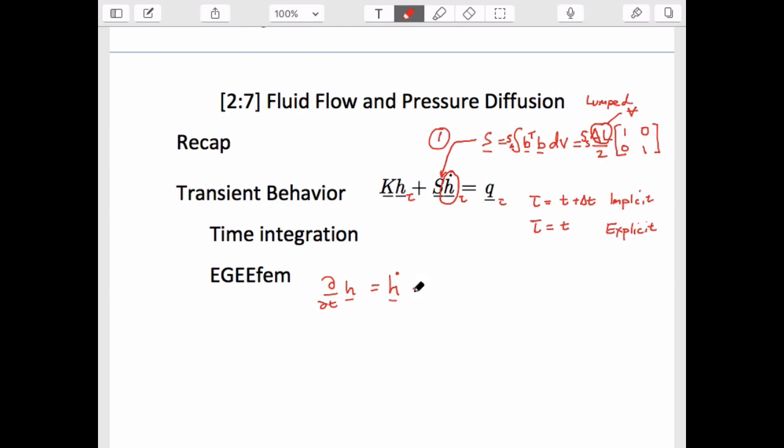And if we wanted to write it out, we could write it out as being equal to the head at time t plus delta t minus the head at time t, all divided by the time step over which it is calculated, delta t. So in other words, just writing it as a finite difference, delta h over delta t. Nothing else other than that.